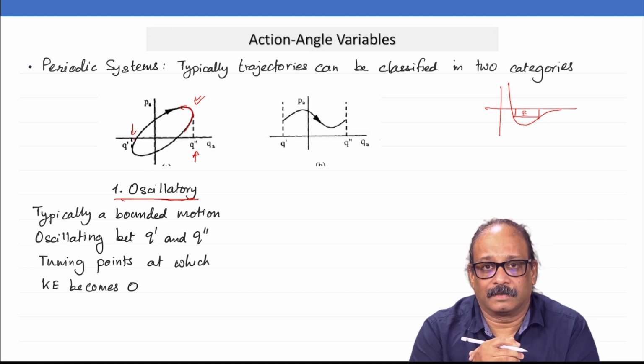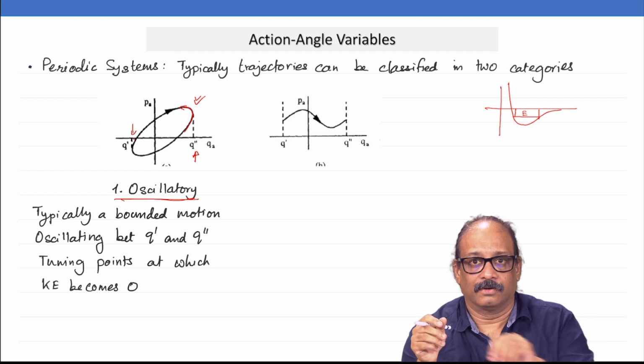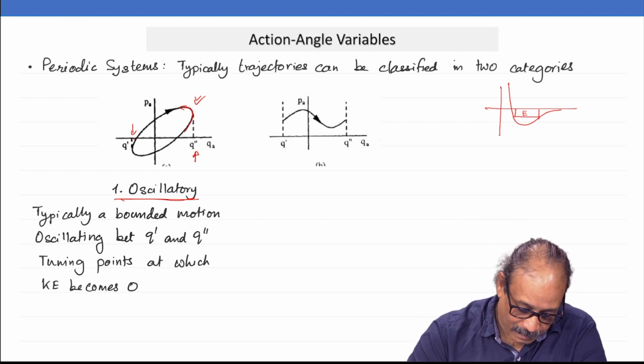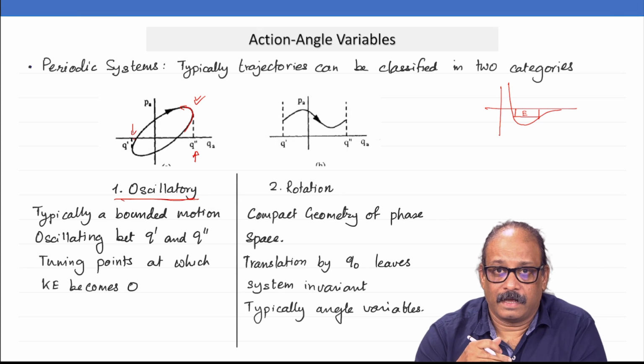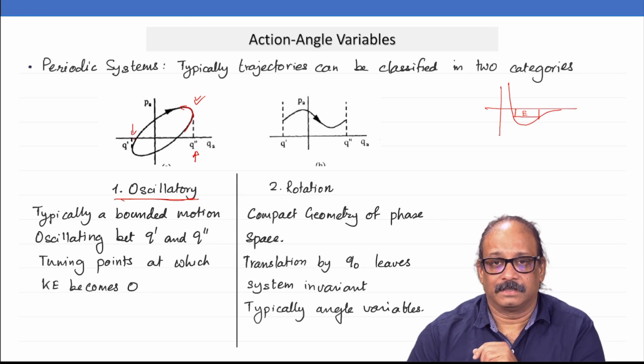Think also of another possibility, the simple pendulum, where the pendulum just goes back and forth between plus theta and minus theta. The other kind of motion where the periodicity happens is when you have a geometry of a phase space which is compact in nature.